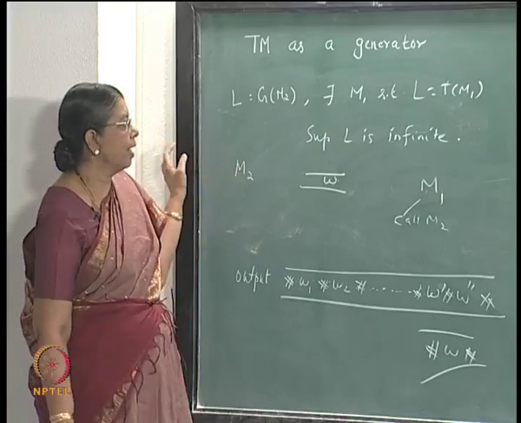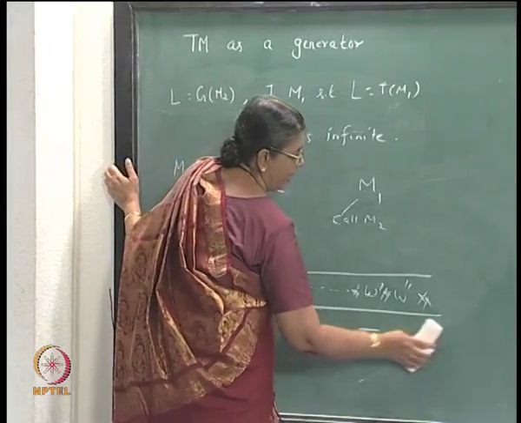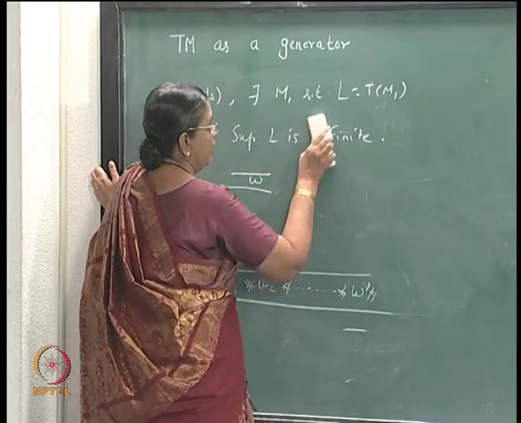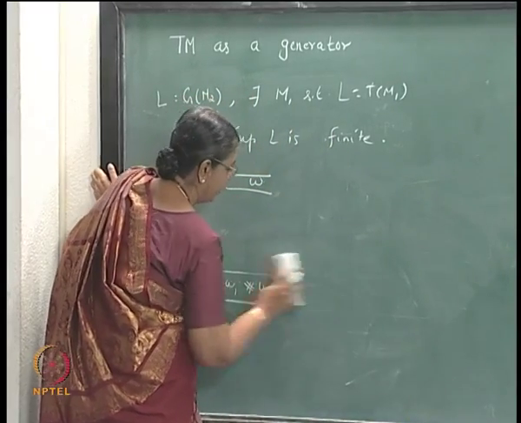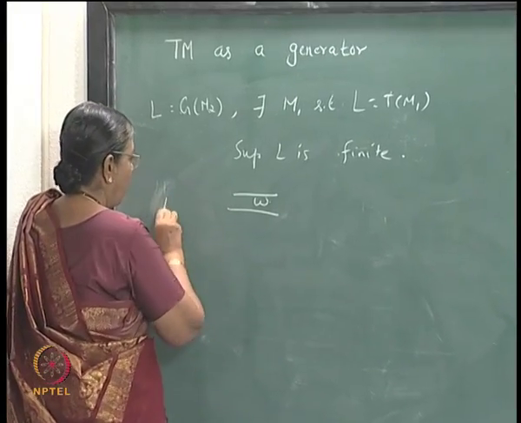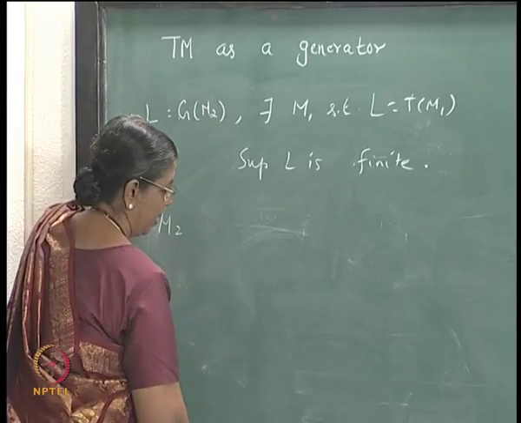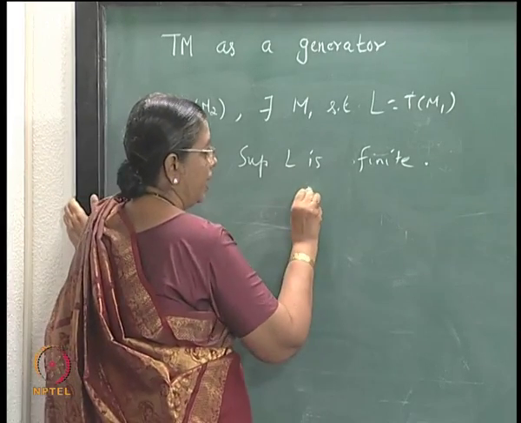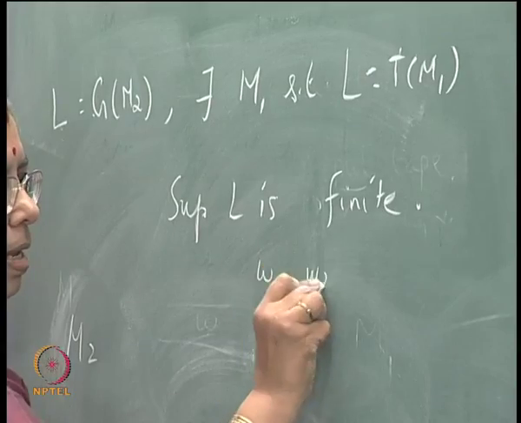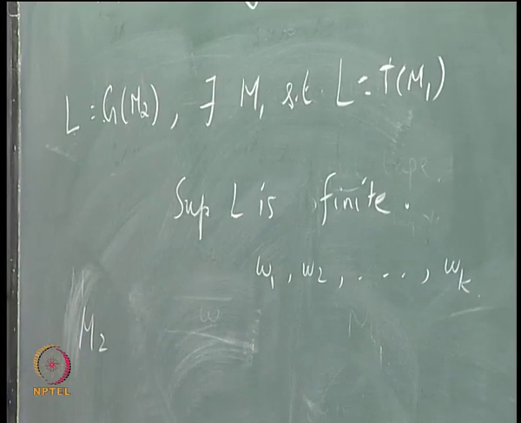This is when L is infinite, there is no problem, but when L is finite, there is a small problem here. What may happen is, say it has got k strings W1, W2, Wk, a finite set.